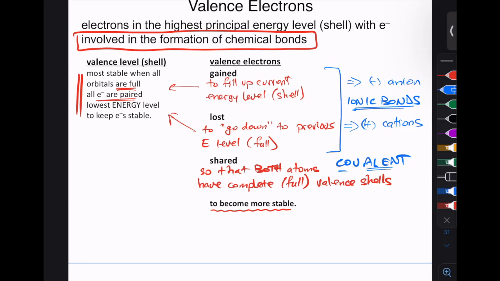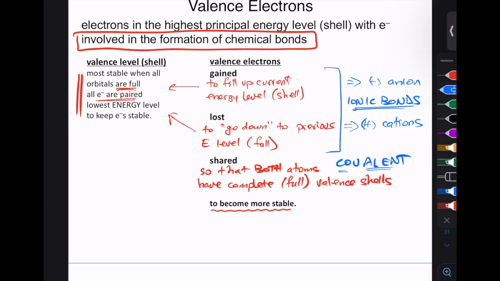All right, now when they can get their highest energy level full, that's going to bring you, because now you know how the periodic table is structured, down to the electron configuration of all those elements on the right-hand side of the periodic table. What do we call those? All the elements on the right-hand side, the blue column here, the noble gases.